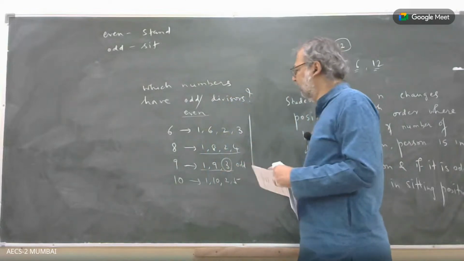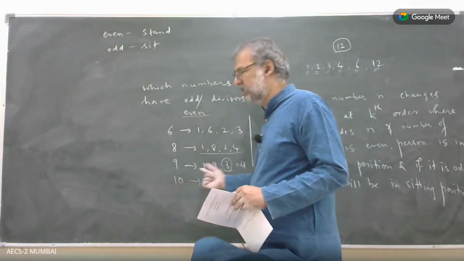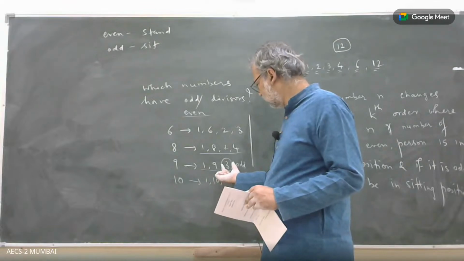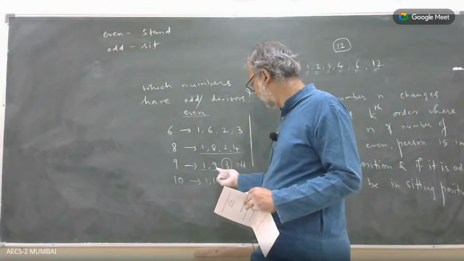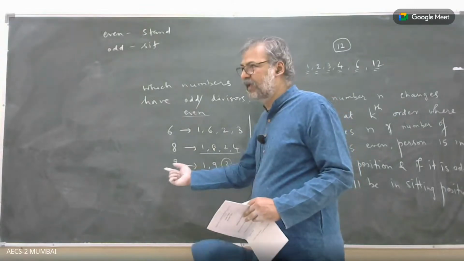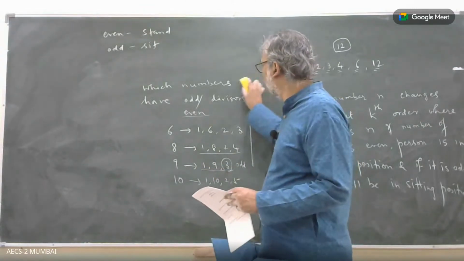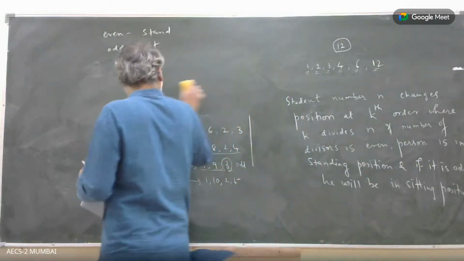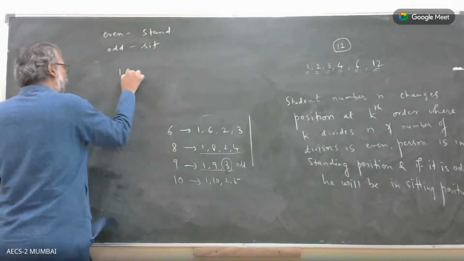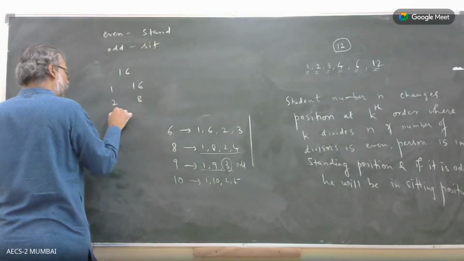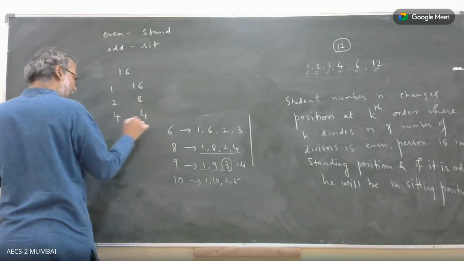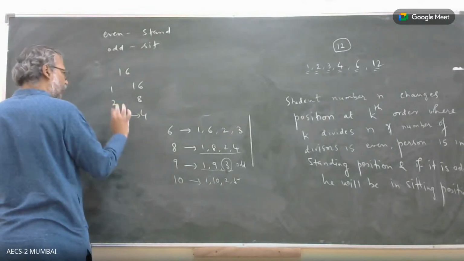So you see, if my number is a perfect square, then the square root will have no other number to pair with, right? And therefore it will have an odd number of factors. Okay. So for example, say 16 is 1 into 16, 2 into 8, 4 into 4, and this is one and the same, right? I counted only once.